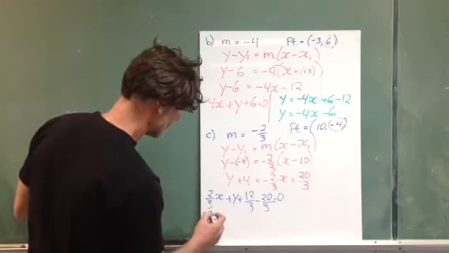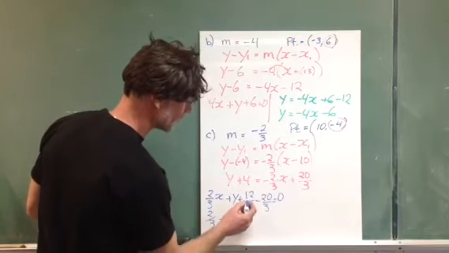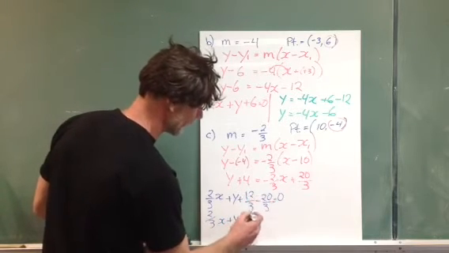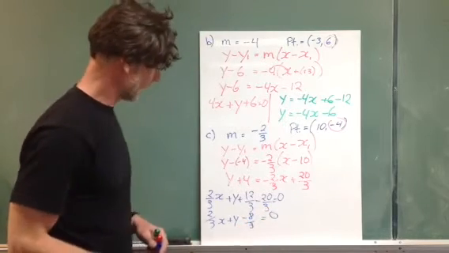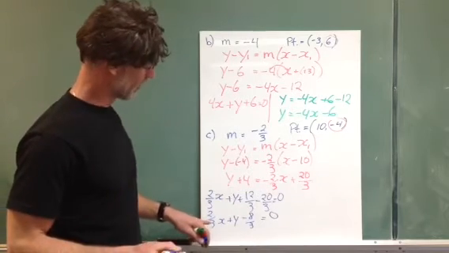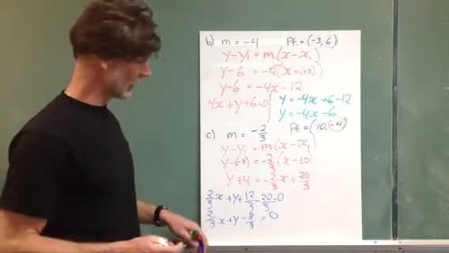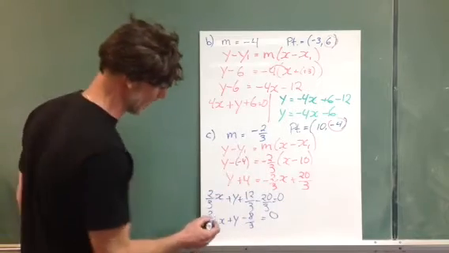So now I have 2/3 x plus y. Positive 12/3 and negative 20/3 is negative 8/3 equals 0. Okay, now that's almost in general form, but I can't have a fraction in general form. So I'm going to multiply all my terms by a common denominator of the denominators that are there. They're both 3, so I'm going to multiply all my terms by 3.